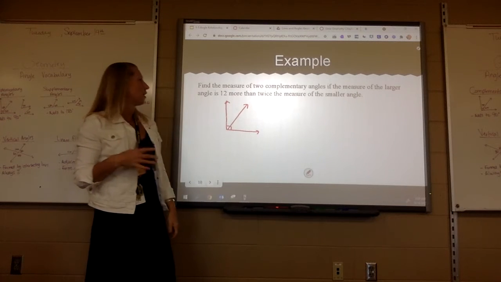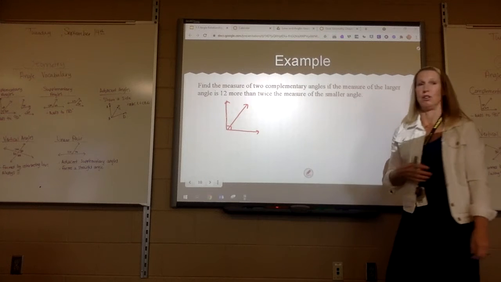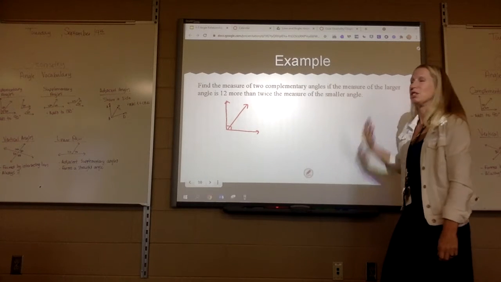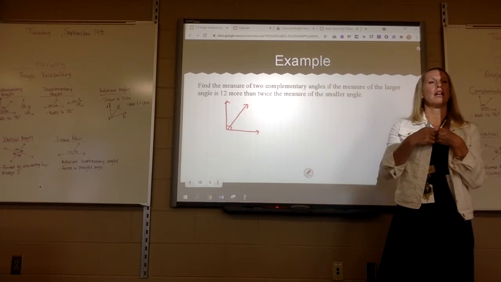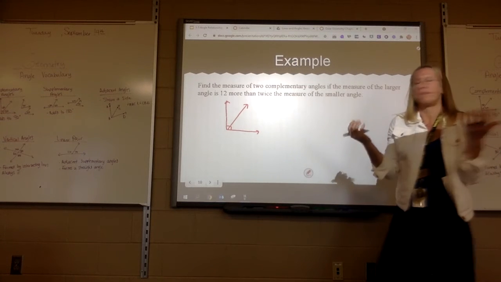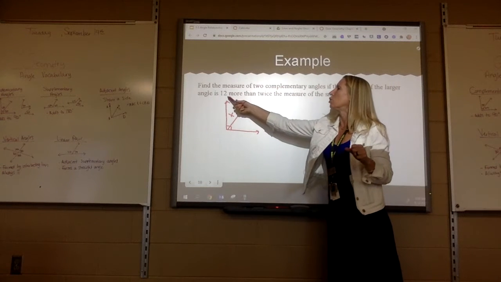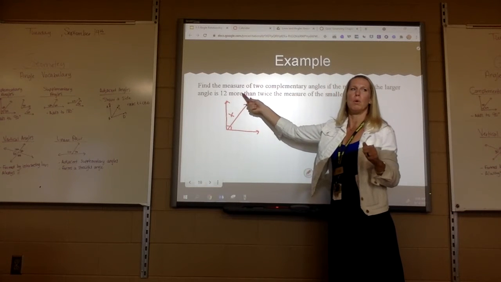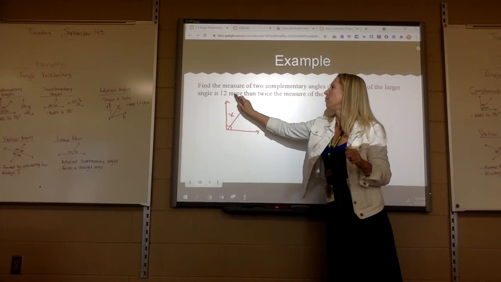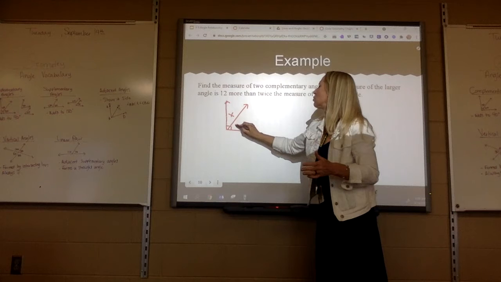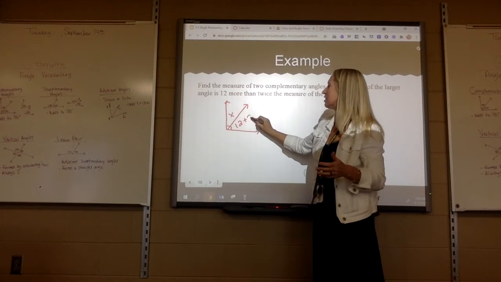Now this says, find the measure of two complementary angles if the measure of the larger angle is 12 more than twice the smaller. Oh, wow. Yeah, don't you love it when they do that? So you're always going to call one of the angles X. Just pick one, call it X. The other is 12 more than twice this, so there's the 2x.